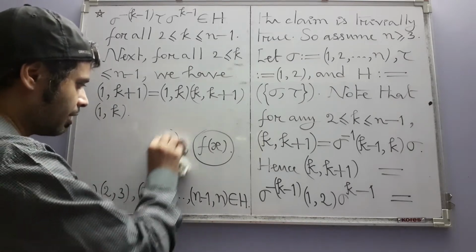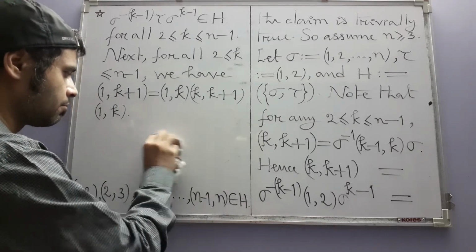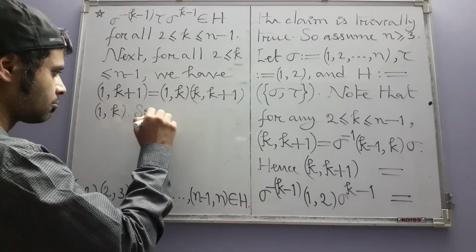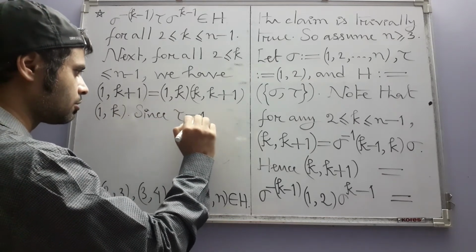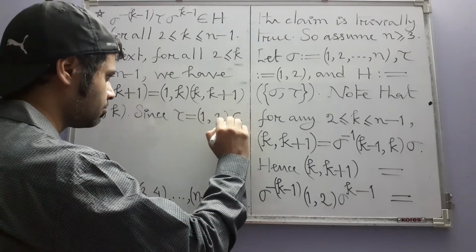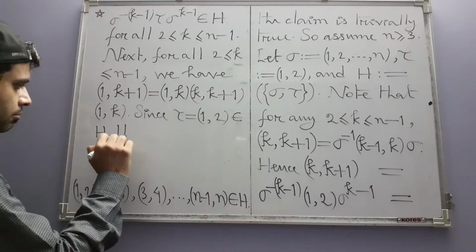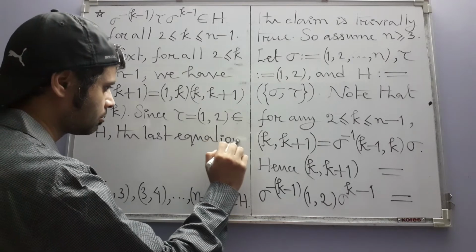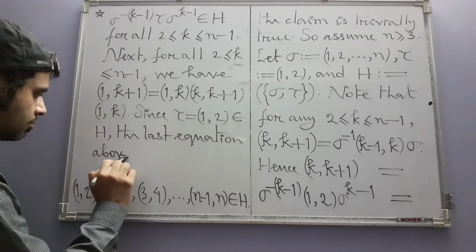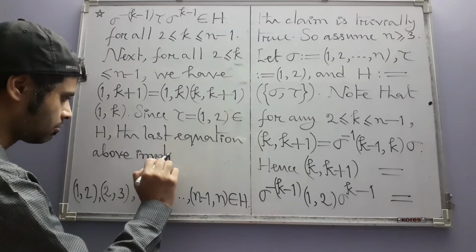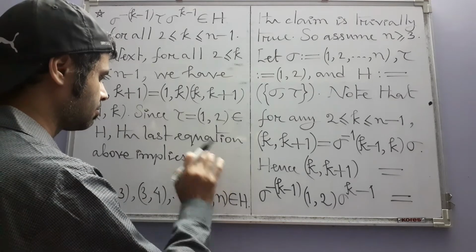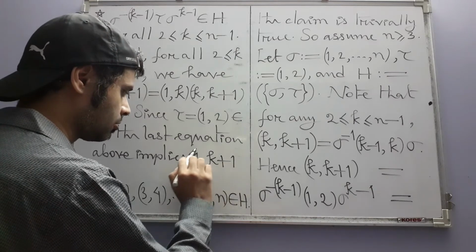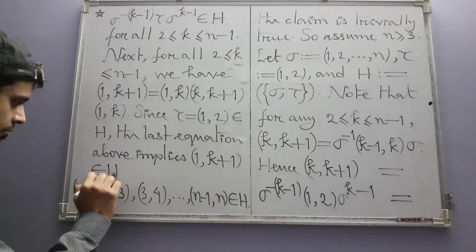Okay, now you will see a very nice thing. Since tau equal to (1, 2) belongs to H, the last equation above implies this belongs to H. I need these things.